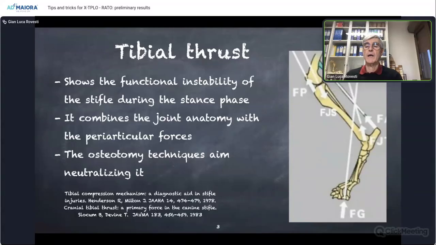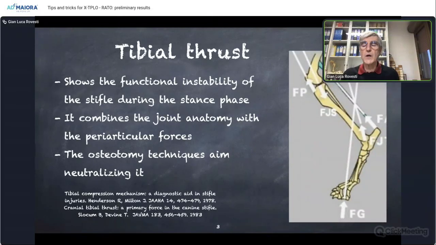The most important one to start with is the concept of tibial thrust. Tibial thrust shows the functional instability of the stifle during the stance phase, and it combines the joint anatomy with the periarticular forces. All the osteotomy techniques aim at neutralizing it in a specific range of motion.